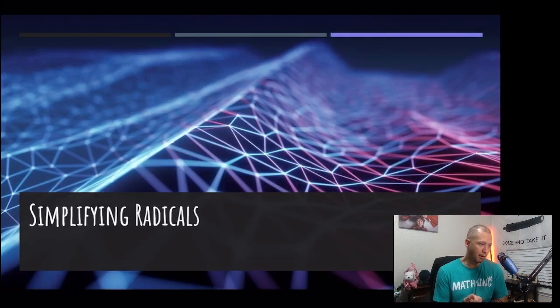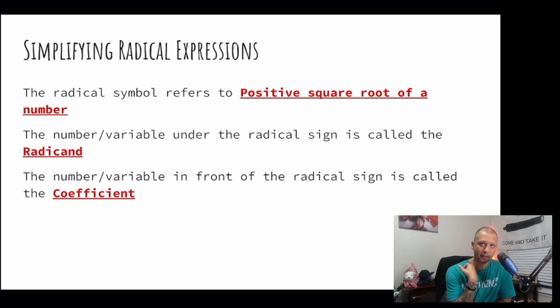All right, simplifying radicals. When you're simplifying radical expressions, the radical symbol is referred to as the positive square root of a number. The number or variable under the radical sign is the radicand, and the number or variable in front, outside of the radical, is called the coefficient.